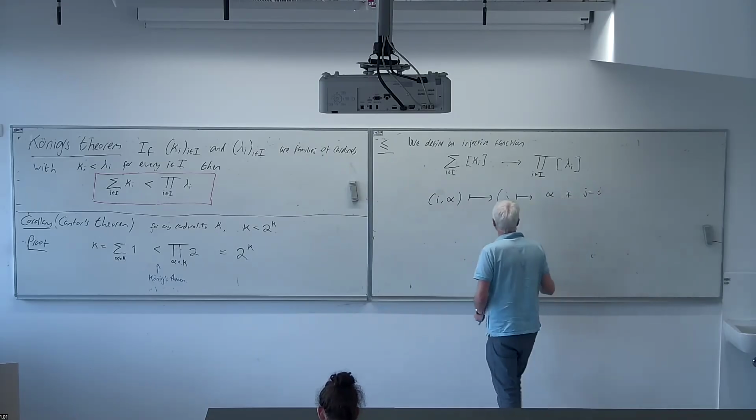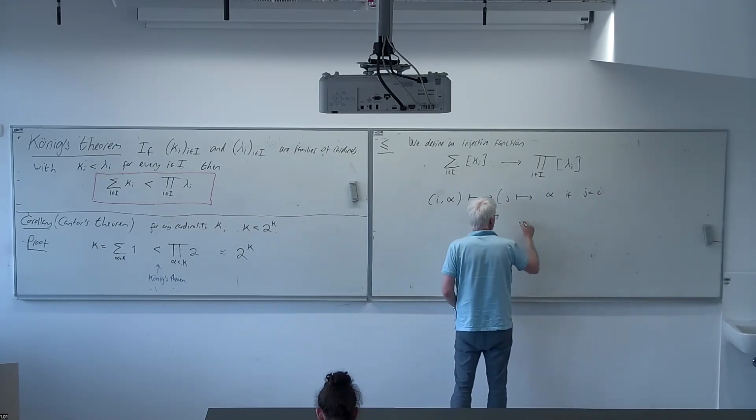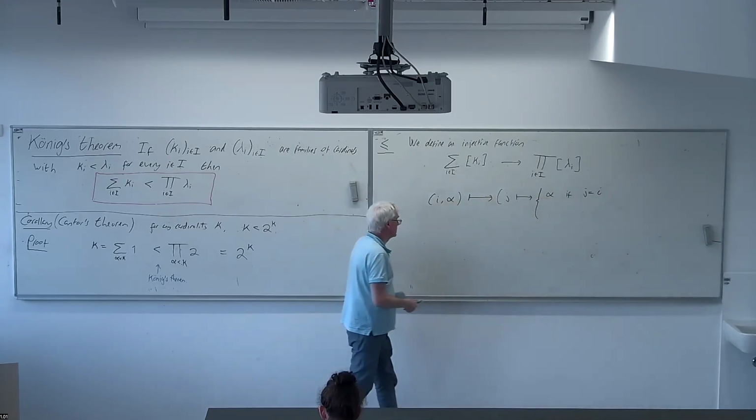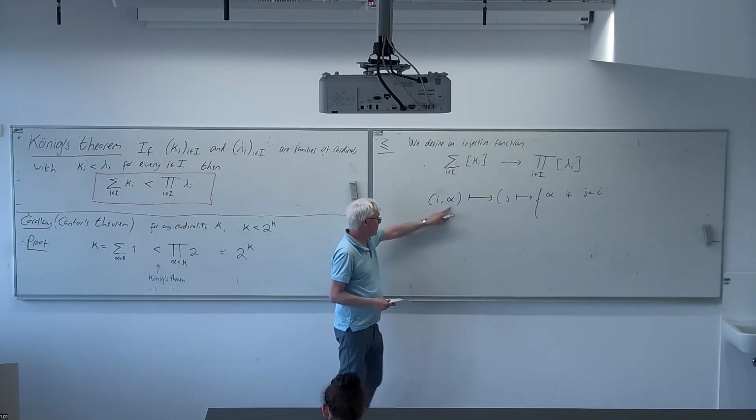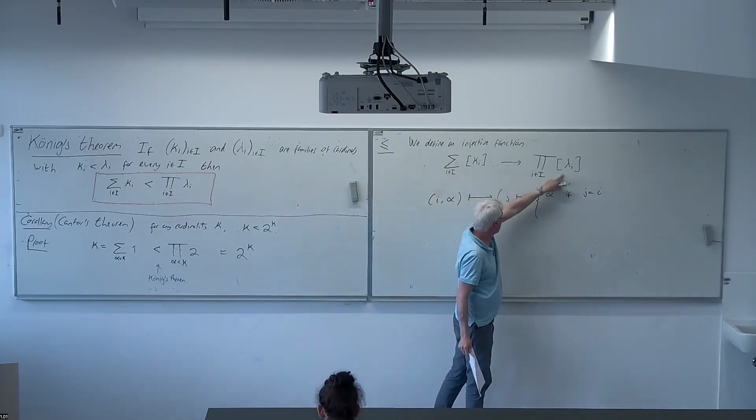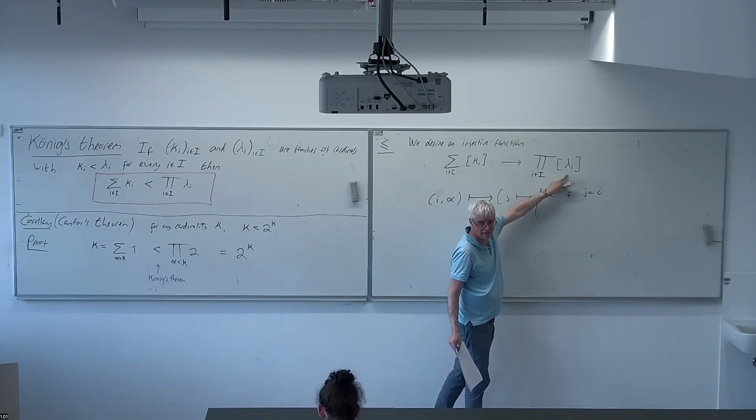And in the case that j is not equal to i, what can we map to? We need to find some canonical element of lambda_j.